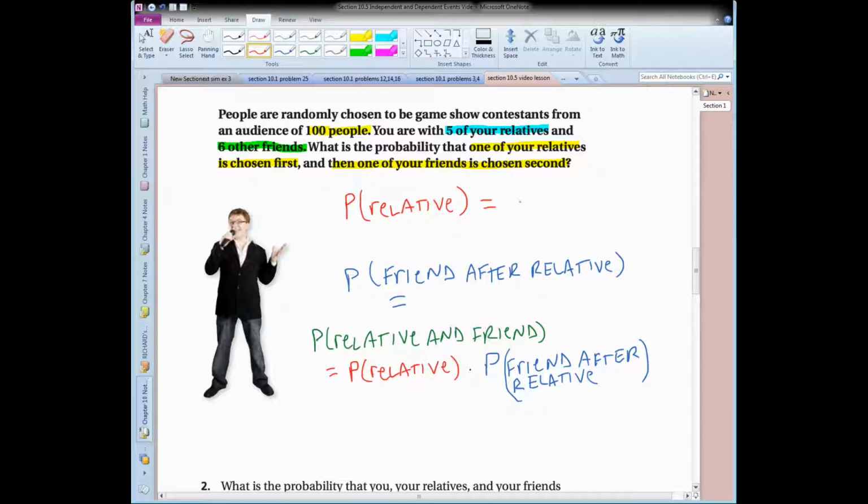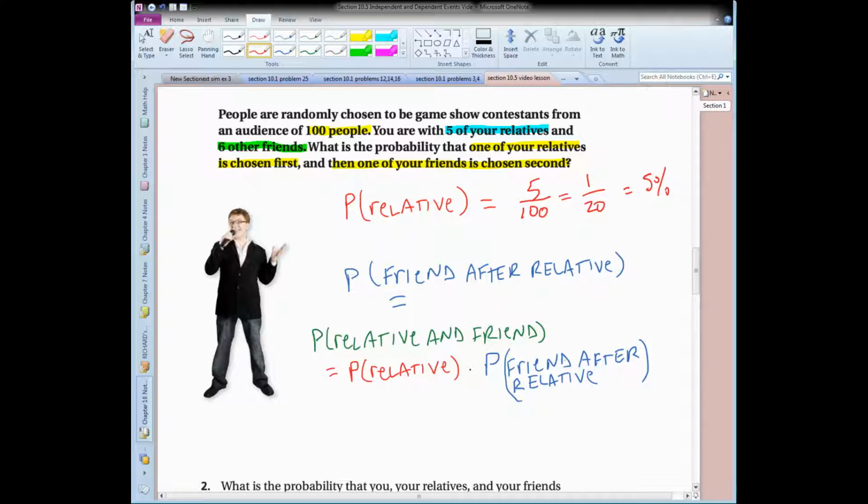Well, there are 100 people in the audience. 5 of them are your relatives. So this would be 1 out of 20. So there's a 1 in 20 chance, which is a 5% chance, that one of your relatives would be chosen.